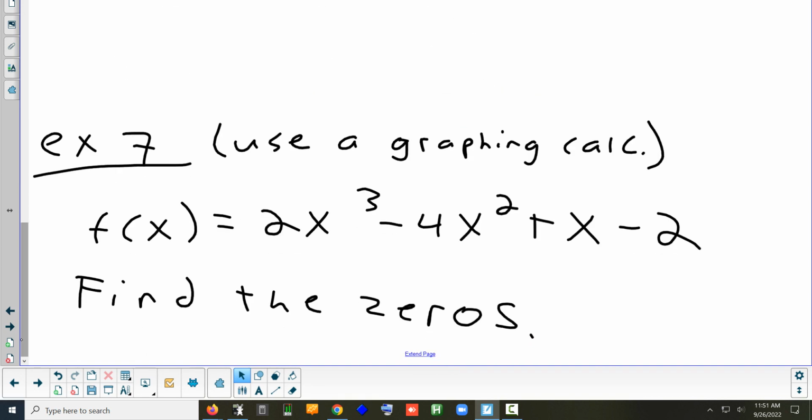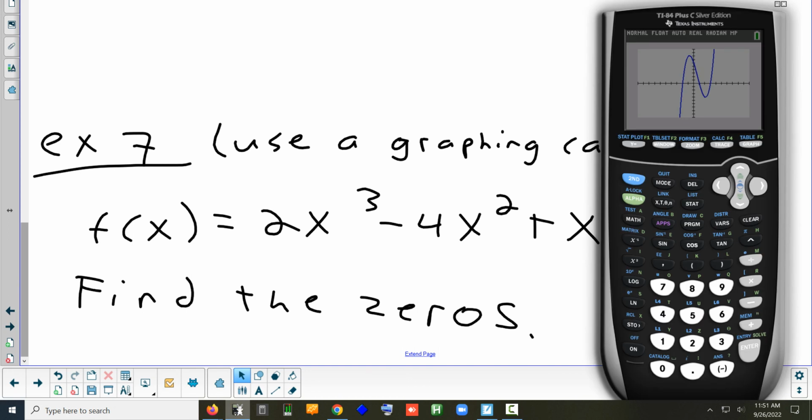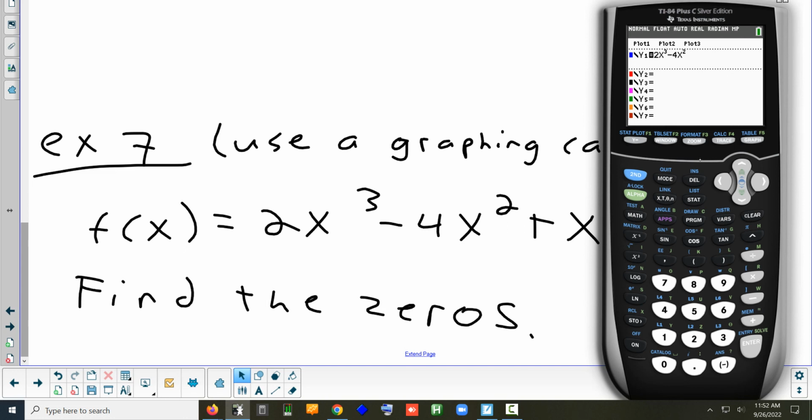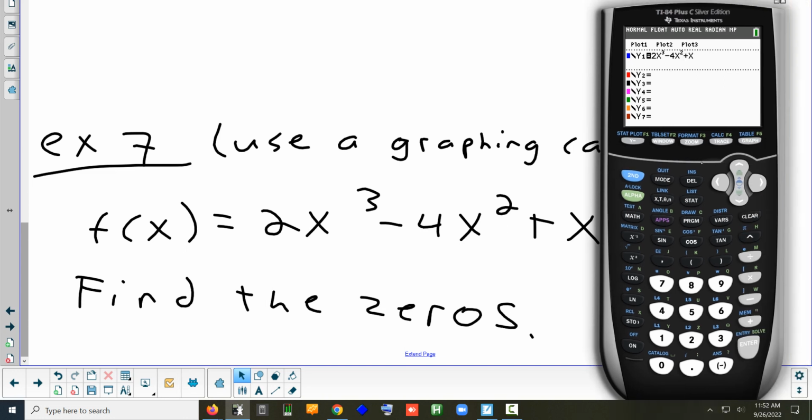And then finding zeros on a calculator. That's our last one. So you type it in, 2x cubed minus 4x squared. And how many times am I looking for it to cross the x-axis at most? 3.